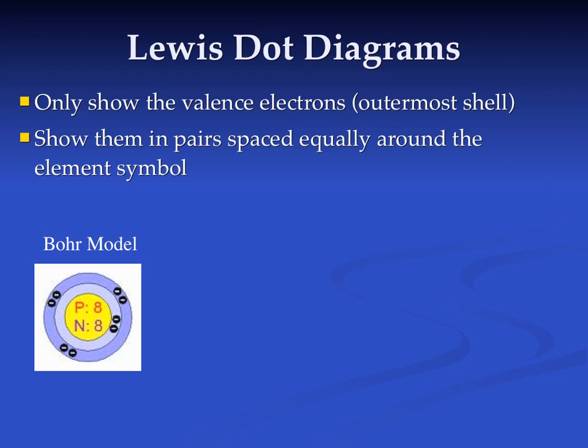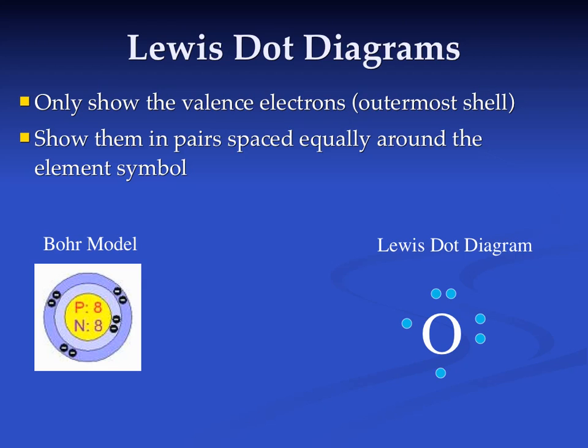If we were to draw the Lewis dot diagram for the same atom, we would replace the nucleus and the inner electrons with the symbol for the element. In this case, the element is oxygen. Then we would take those 6 outer shell electrons and space them evenly around the element symbol. So there's the first 4, 5, and 6.